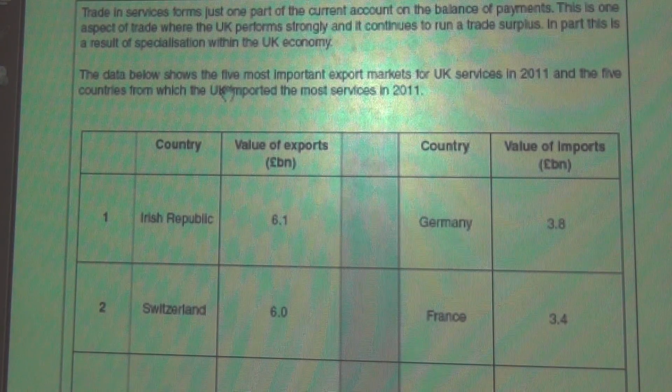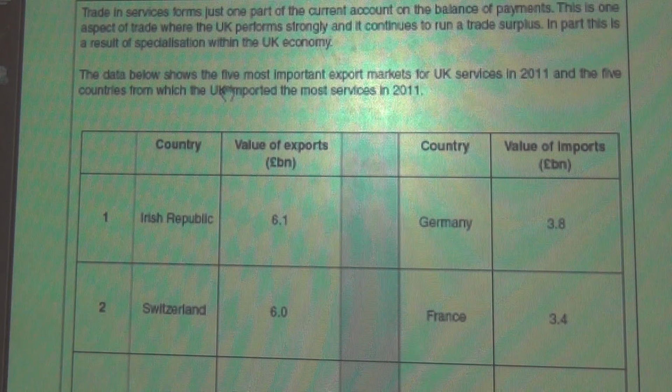Why might we find that we can export a lot to them, certainly to a greater extent than imports? Well, other countries might find our goods and services of a much higher quality, so they decide to buy them from us rather than from elsewhere.